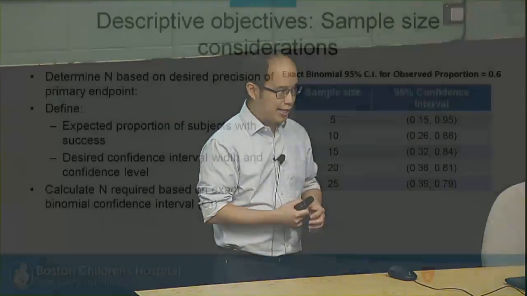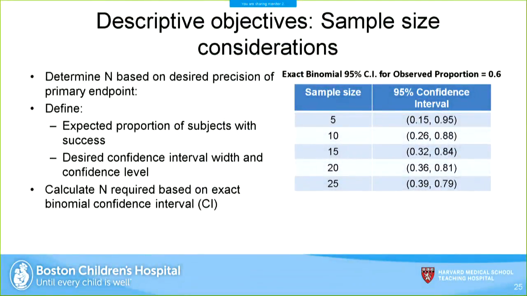So I'm going to, again, split up the sample size considerations between descriptive and comparative objectives. And I think here I'm not trying to present a number of different formulas for all different scenarios. I want to give kind of a conceptual explanation of the calculation using one specific example. So in this case, what we're trying to estimate is the proportion of patients with a success.